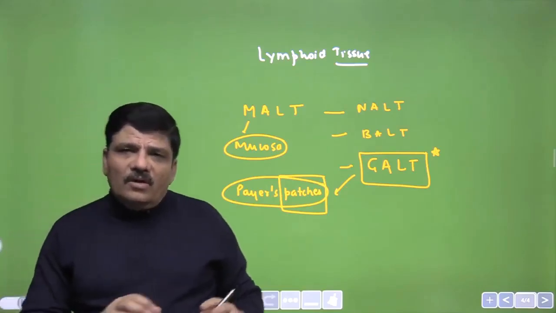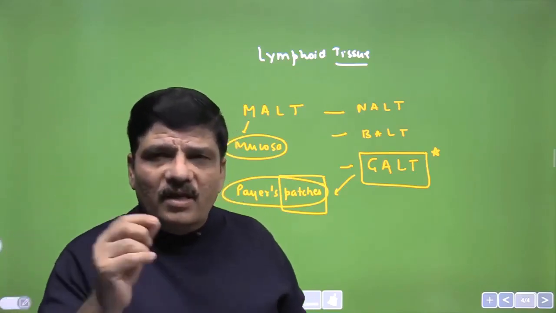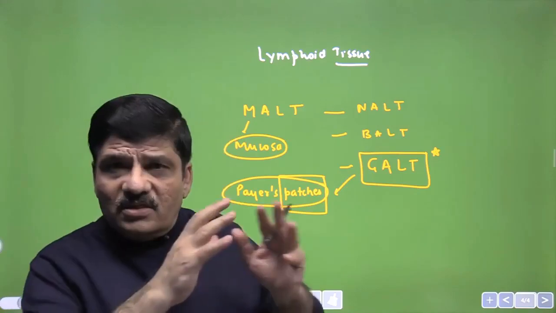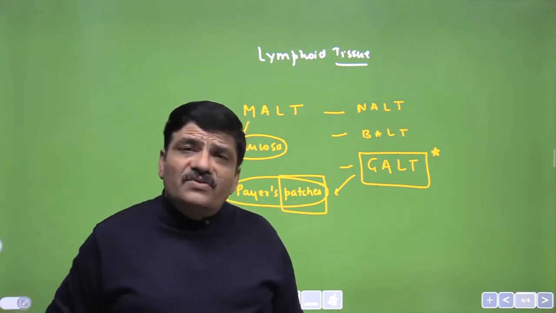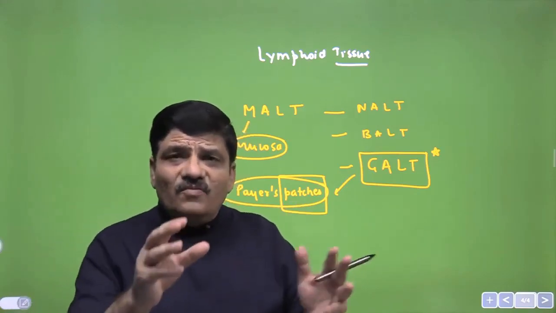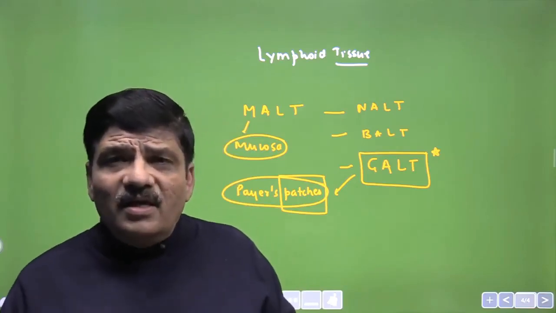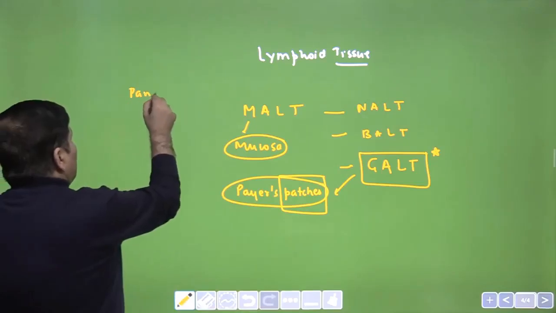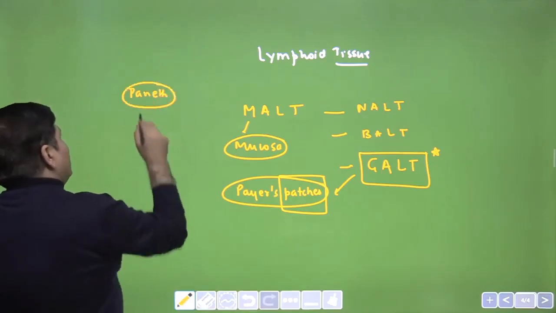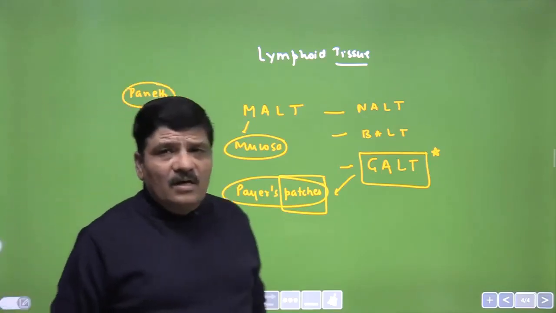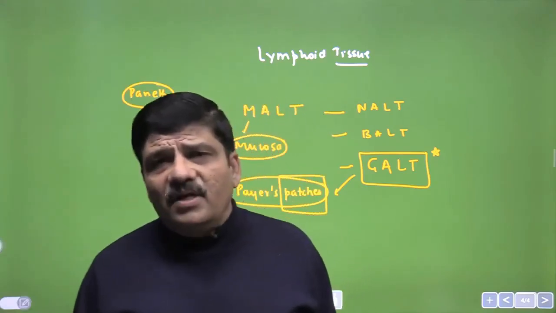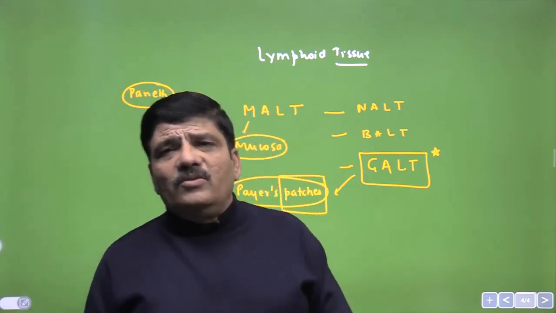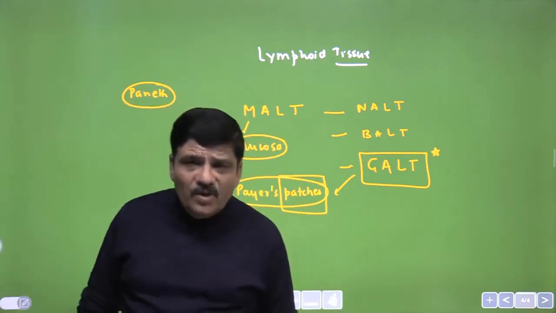Though not classically lymphoid tissue, there is an example, a question that comes to my mind. Please try to remember that as well, that in the crypts of Lieberkühn in the small intestine, there are what are called Paneth cells, and these Paneth cells secrete some proteins or peptides that are capable of taking care of a certain amount of disease causing pathogens, and they are a very important component.